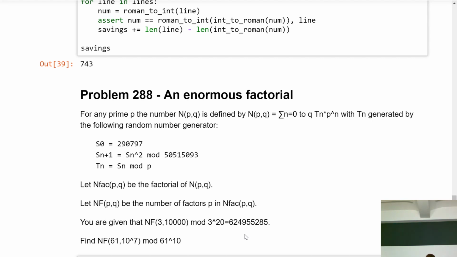This is 10 factorial. No, this is number of factors. And n fact is this thing, yeah, it's this. Okay, pardon me. It's this. No, it's not.